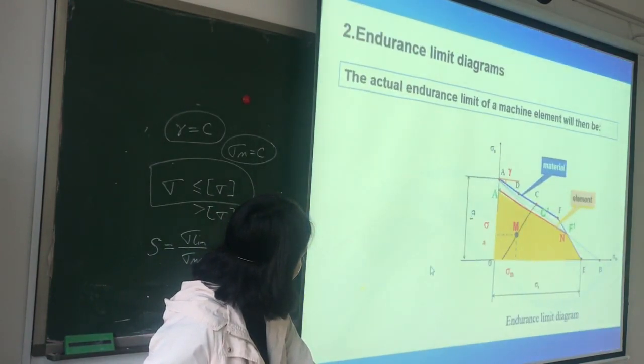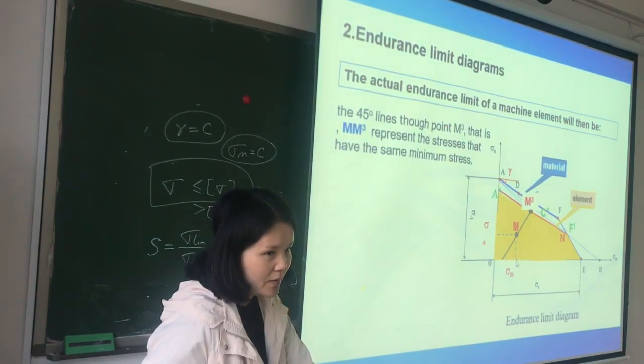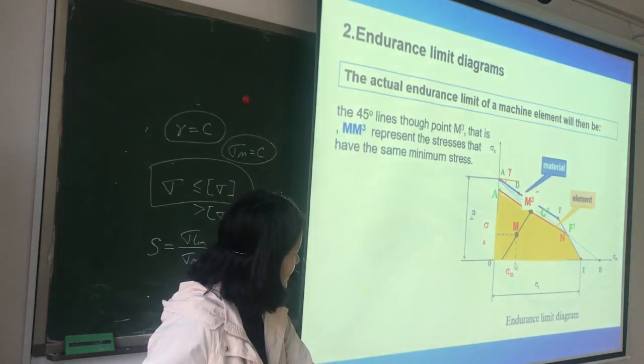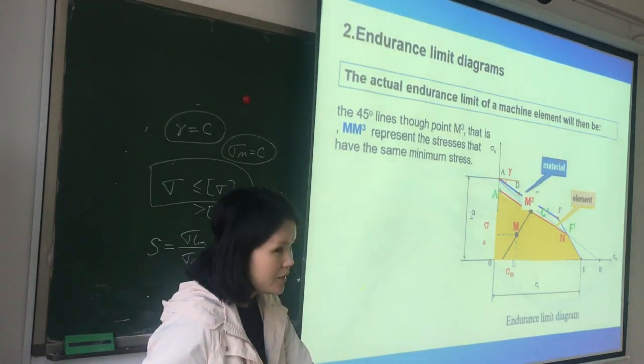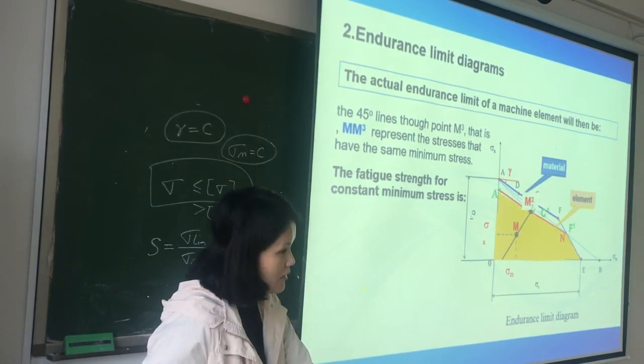And we also can draw a line with an angle of 45 degrees. The angle is 45 degrees, and it intersects the line A1F1 at point M3.